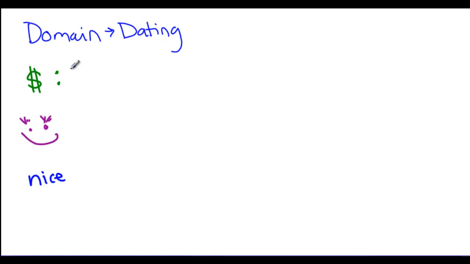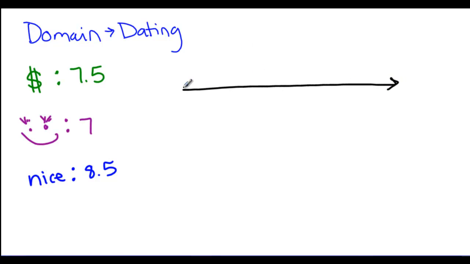Maybe money rates a 7.5, so the person has to be at least a 7.5 on the money scale. Maybe as far as cuteness, we want them to be at least a 7. And maybe nice is our most important quality, so we want them to be at least an 8.5 on the nice scale.